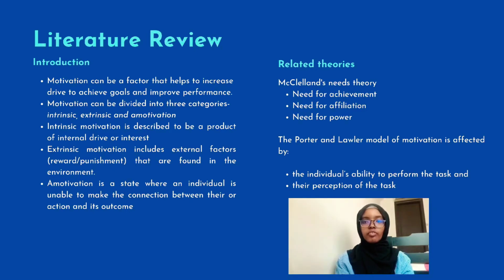Next is need for affiliation. This describes a personal need to form bonds or relationships with other individuals or groups. And lastly is need for power. Individuals with a high need for power work best when they are in charge. Providing feedback is also found to be helpful.